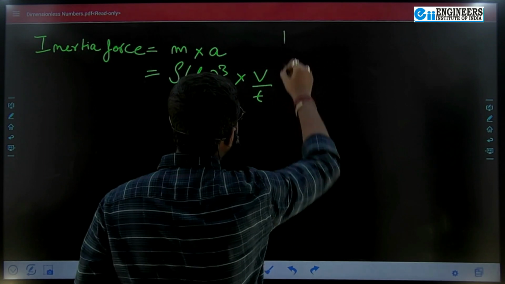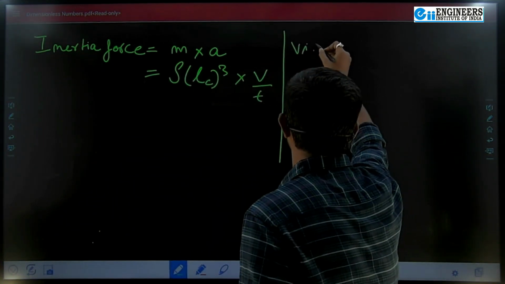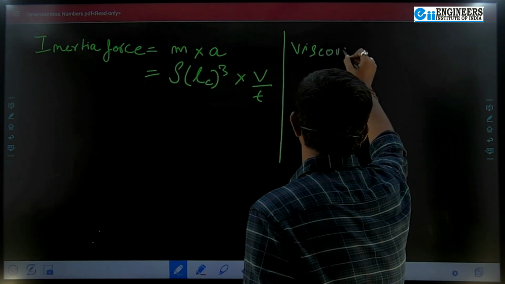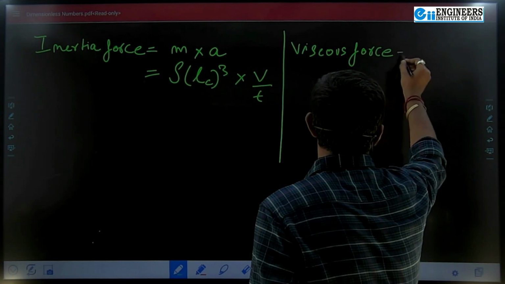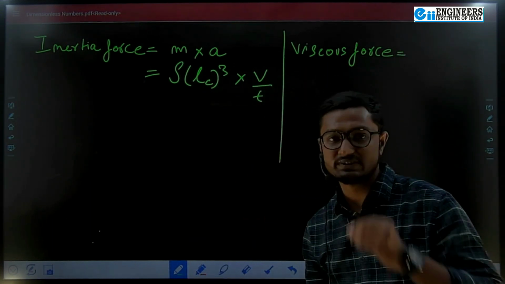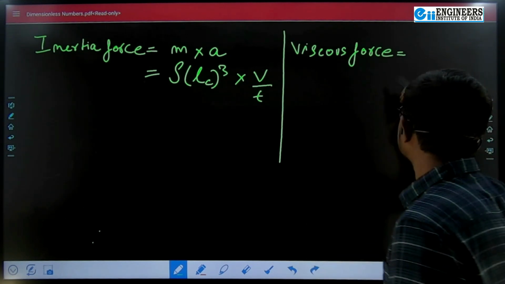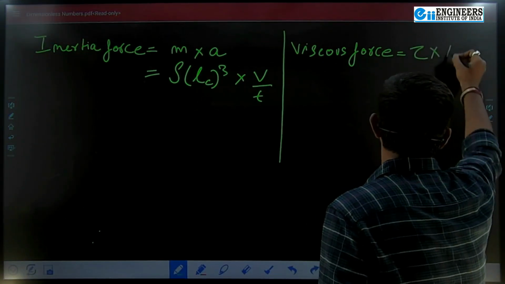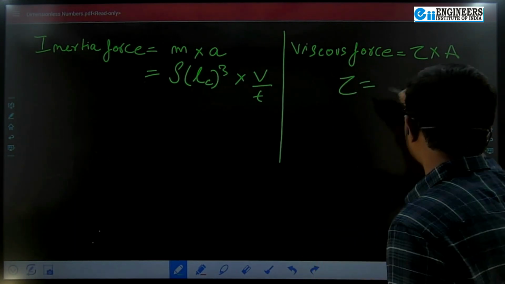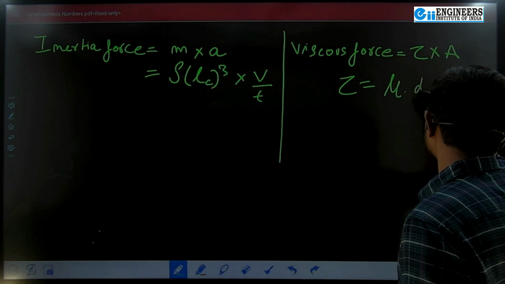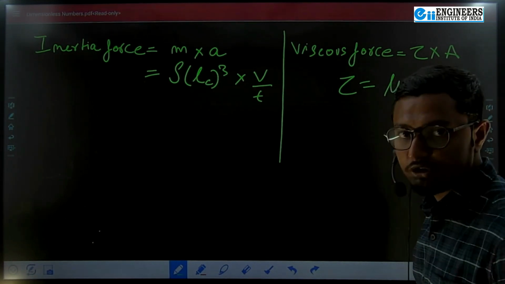Now let us discuss our viscous force. Viscous force is equal to F, and F is equal to tau into area, where tau is the shear stress. The formula of the shear stress is mu into du by dy, which we get from Newton's law of viscosity.